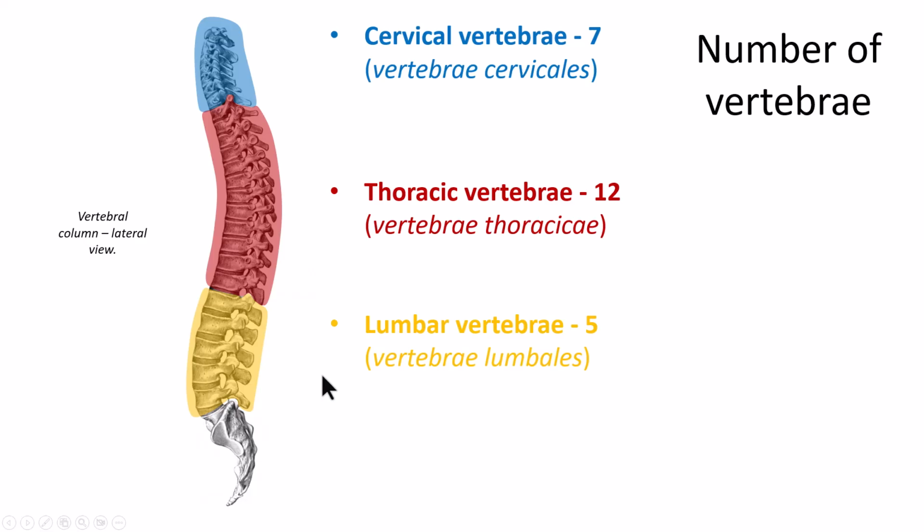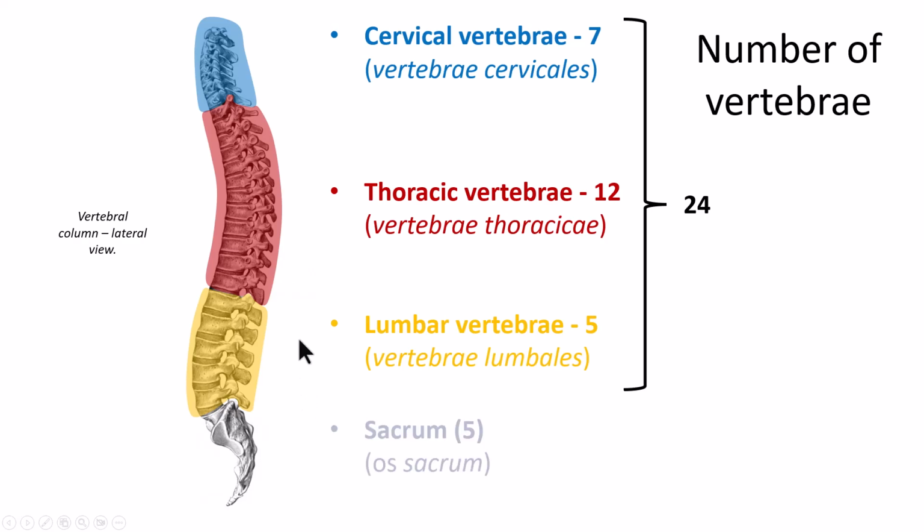Therefore, if we sum these structures, we obtain a total of 24 vertebrae. The subsequent segments are composed of fused vertebrae, meaning they form synostoses. They are represented by the sacrum, os sacrum, which consists of 5 vertebrae, and the rudimentary coccyx, which is composed of 4 to 5 vertebrae.